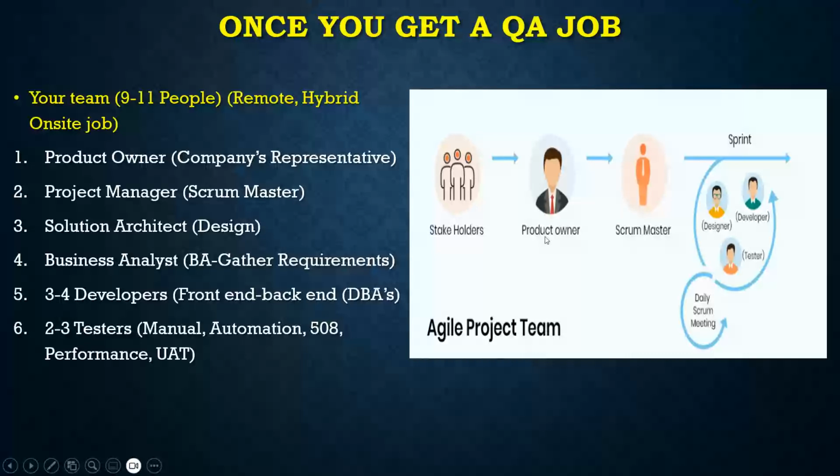So your job is to just verify manually that the product owner is displaying. Similar to this, Scrum Master, sprint, and this sprint should display something like this, the circle, and the complete page should display the title Agile Project Team. This is manual testing.